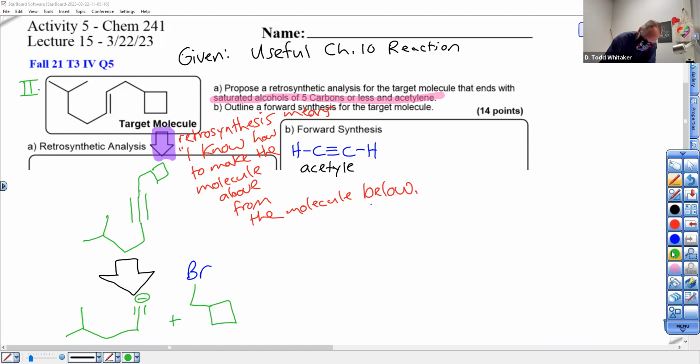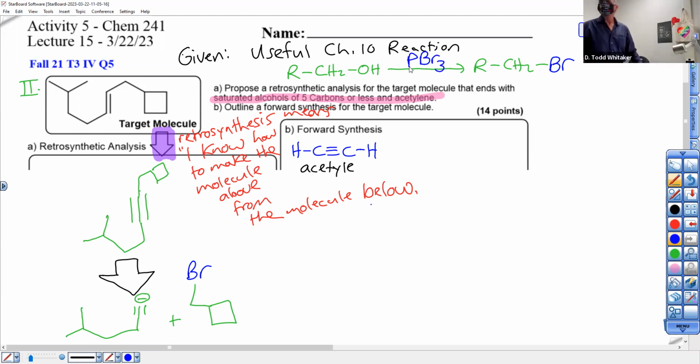If you have a carbon that goes to a CH2 with an OH, you can make it into a carbon with a CH2 attached to a Br by using these chemicals here. This chemical, sorry. Phosphorus tribromide. That's just something that will be on the page for you, ready for you to use.